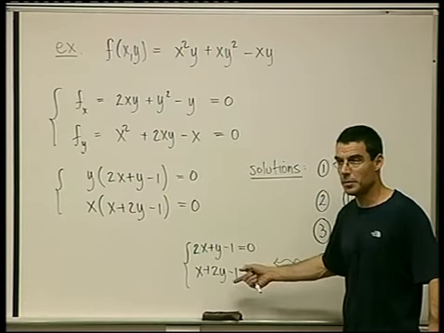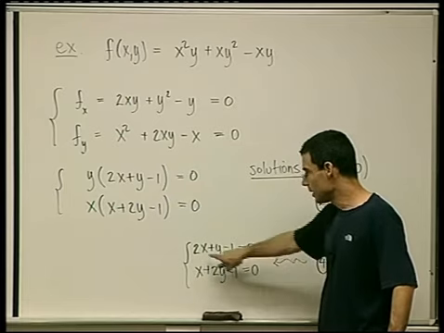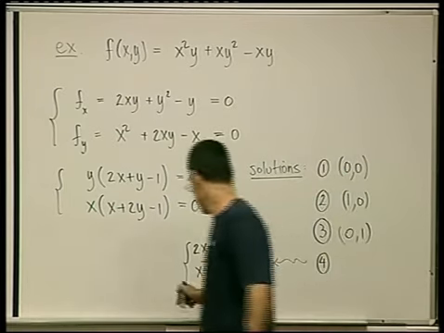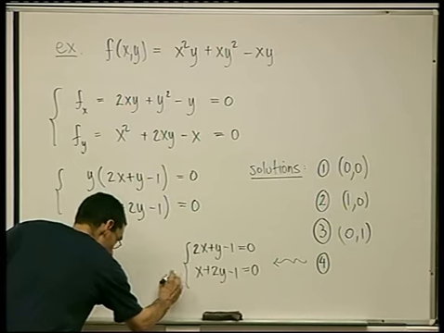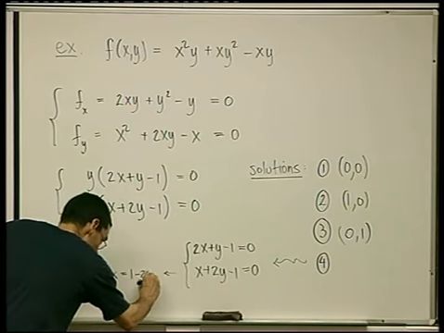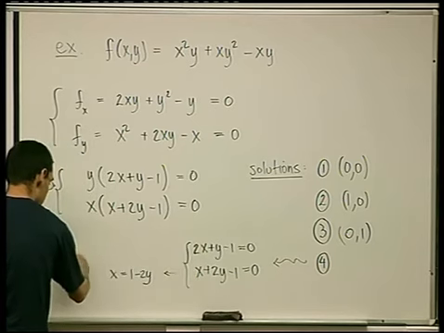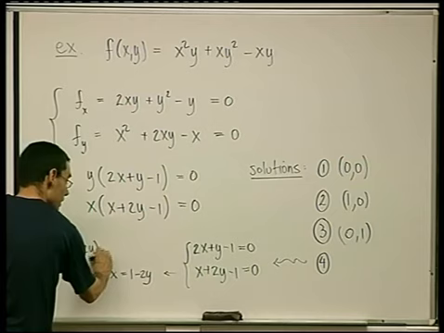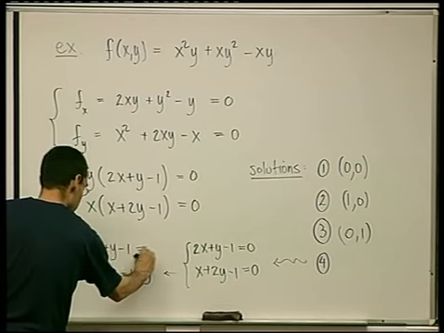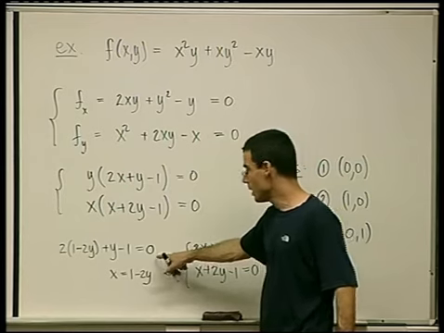Okay, how do we solve a system like this? Now there's really not much to do, right? x is 1 minus 2y. Let's plug it into the top one. So x from this equation, x is 1 minus 2y. So we get 2 times (1 minus 2y) plus y minus 1 equals 0. Everybody with me? And what do we get?